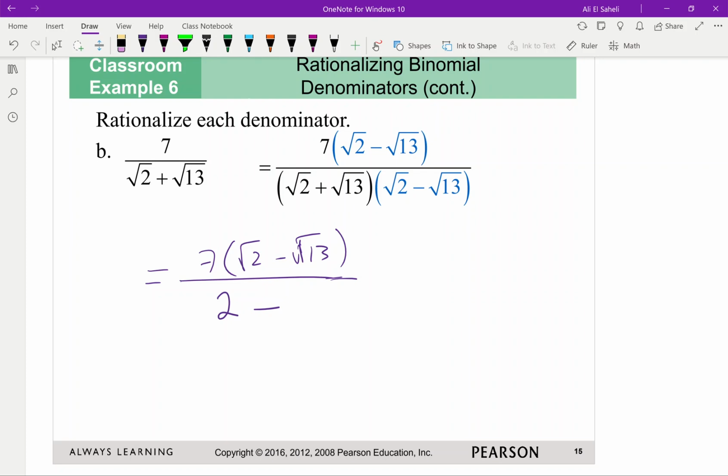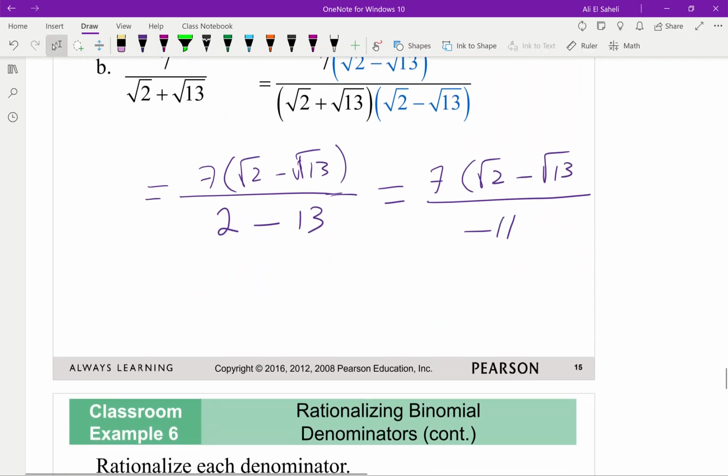Radical 13 squared, the radical cancels the square, so this is 7 radical 2 minus radical 13 over 2 minus 13, which is minus 11. Bring the minus up, so this is 11 minus 7 into radical 2 minus radical 13.